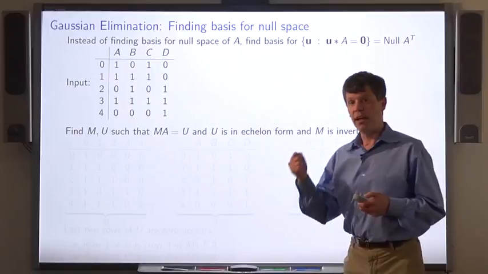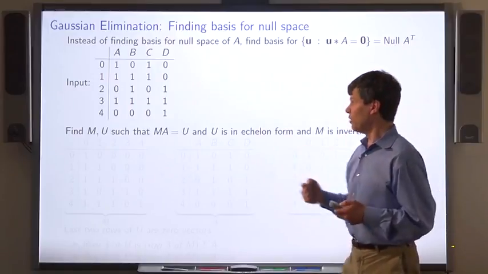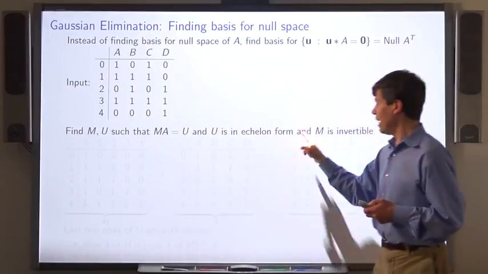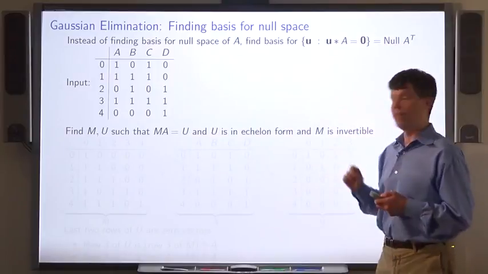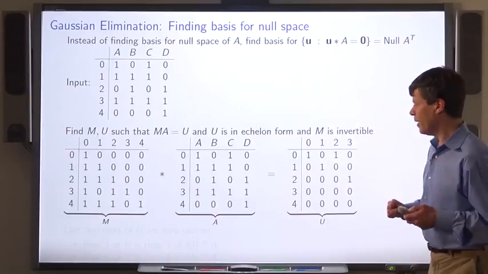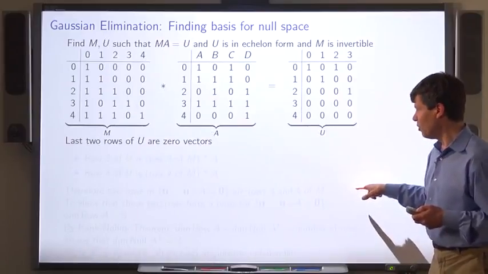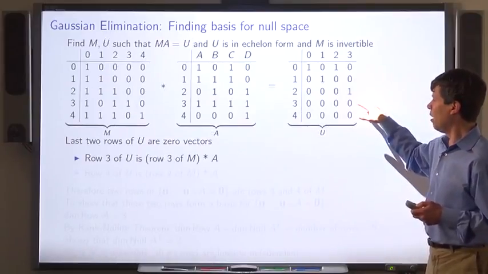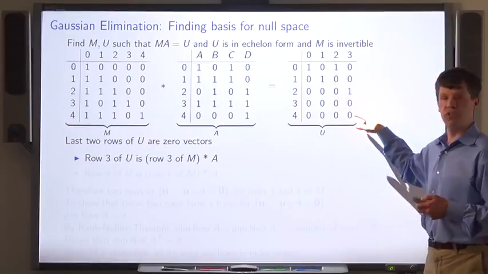So we find matrices M and U such that M times A equals U, and U is in echelon form, and M is invertible. Here's the solution to that. Now notice that the last two rows of U are zero vectors.